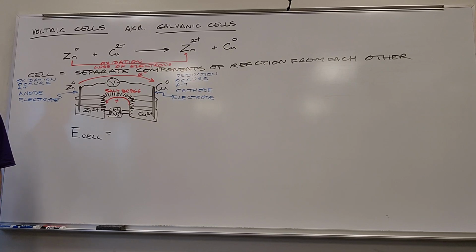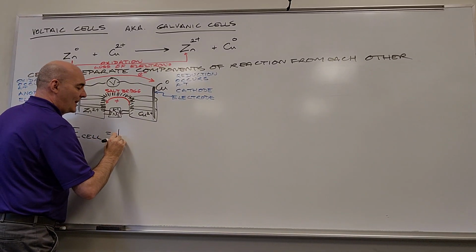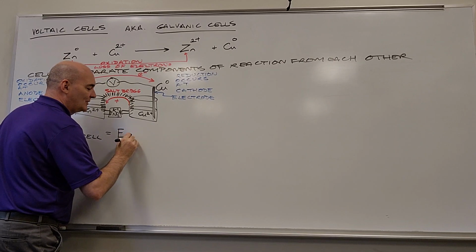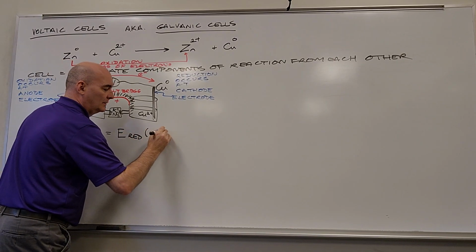But it's the reduction potential of the reduction minus the reduction potential of the oxidation. Okay, and after you've written it out a couple of times, you say, I can live with this. It is the reduction potential of the cathode.